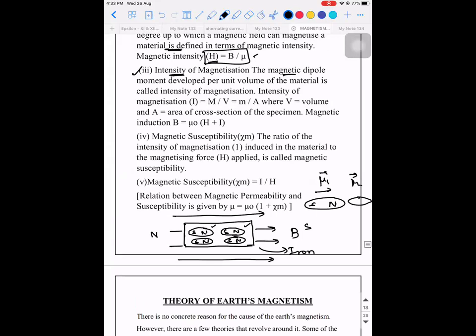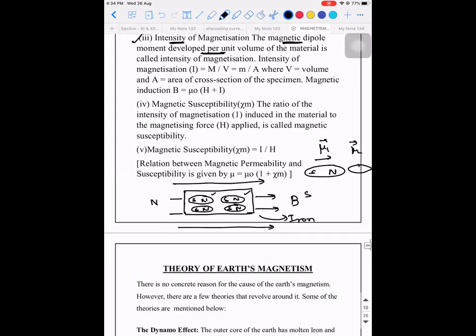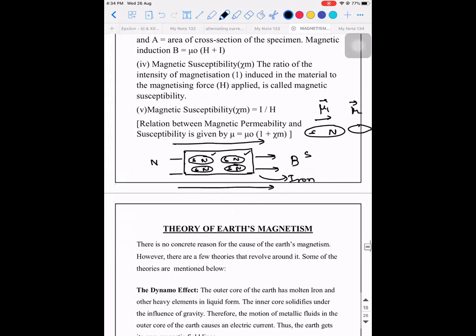Now look at the definition of intensity of magnetization. The magnetic dipole moment developed per unit volume. This magnetic dipole moment is what they are trying to talk about. The magnetic dipole moment developed per unit volume is what is called intensity of magnetization, meaning the extent to which the material has got magnetized. Is it clear?